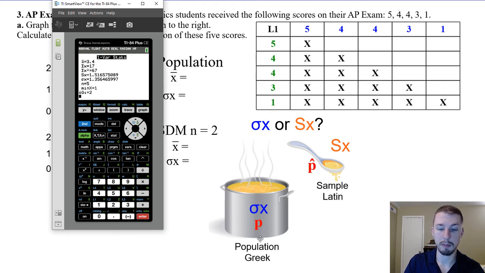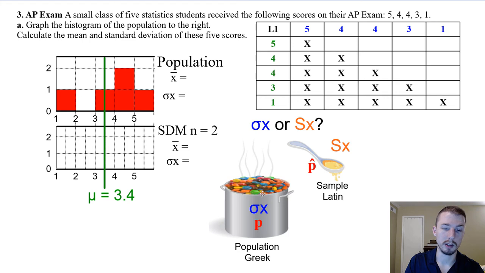So basically we have the population and the sample. In our previous example, all the possible M&Ms would be the population, and a sample is whatever you have access to in class or something like that. The difference between these 2 letters is that this is the Latin letter S, and this is the Greek letter for S, which is sigma.